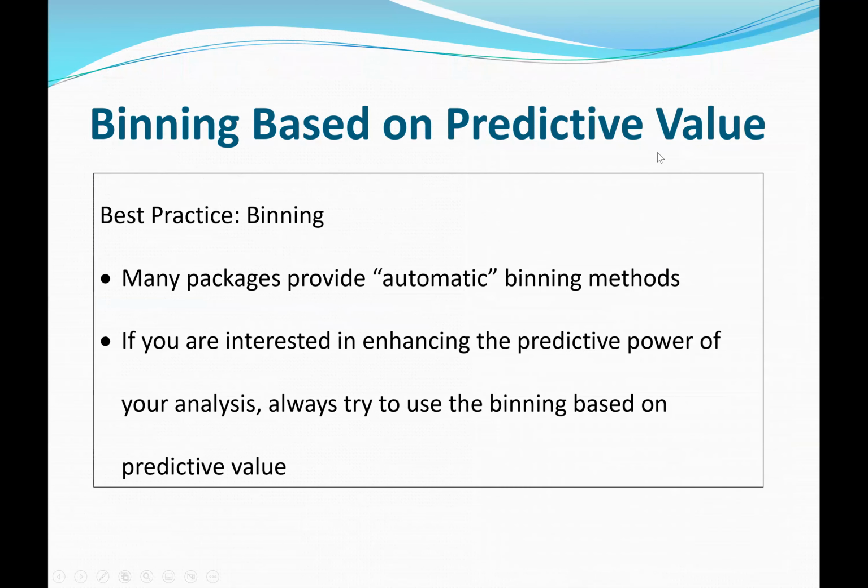So binning based on predictive value: here they say the best practice for binning or discretization is that many packages provide automatic binning methods. And if you are interested in enhancing the predictive power of your analysis, always try to use binning based on predictive value. A very good example was the age they gave us.